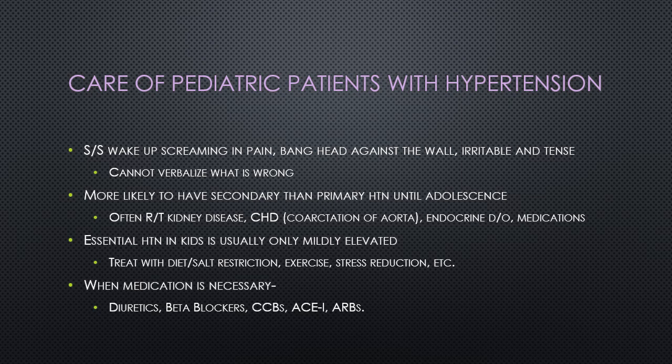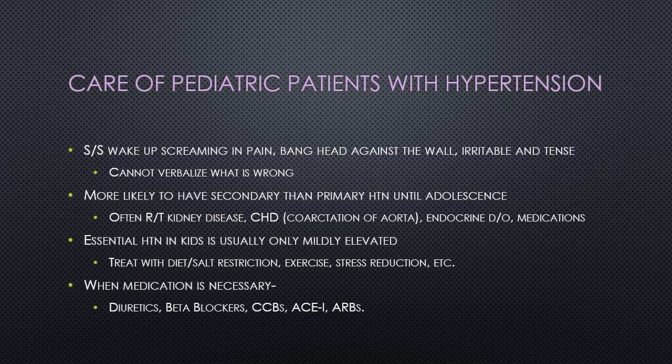In our pediatric populations, it's more likely that they're going to have a secondary hypertension because most young kids don't have cardiovascular disease, at least until adolescence, when they've had time to develop diabetes and obesity and salt intolerance.